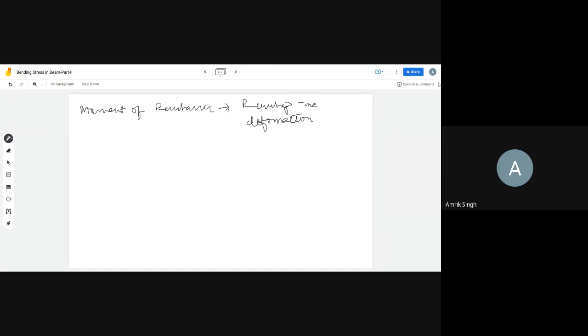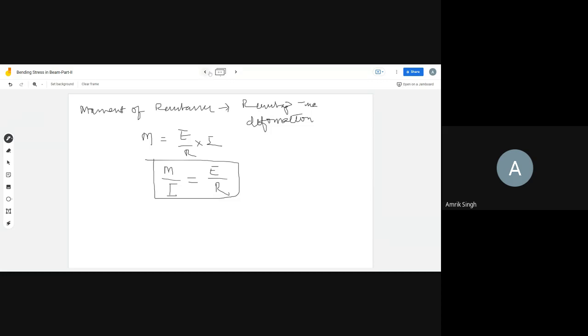Resisting the deformation. So that means M is equal to E upon R into I. So this is equal to M upon I is equal to E upon R. So this is the second part of the equation.